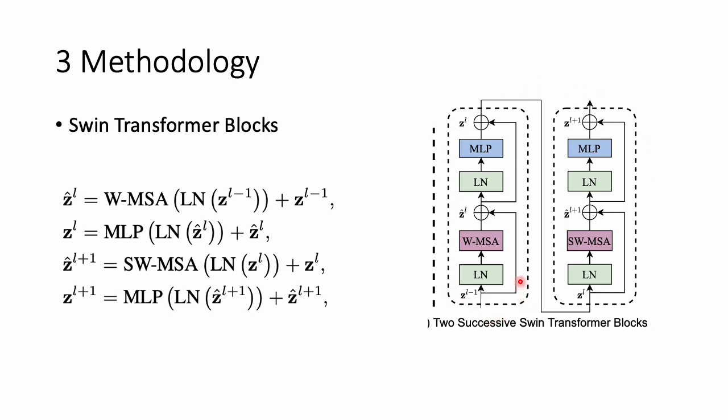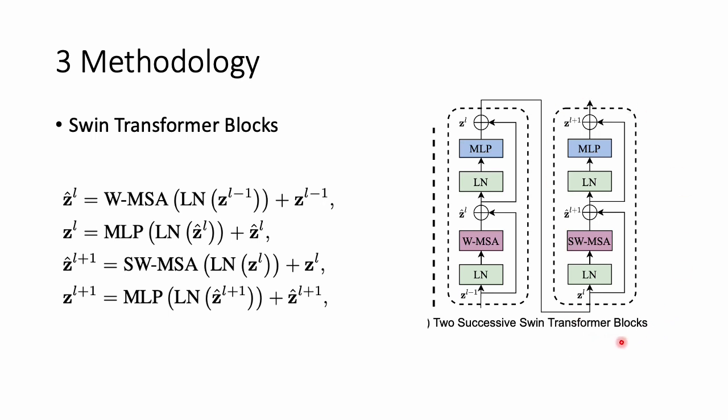First, the input passes a layer normalization layer and a window-based multi-head self-attention layer, and also a layer normalization plus feed-forward layer. That left part is a window-based Swin transformer block, and also the first one of 2 successive Swin transformer blocks.